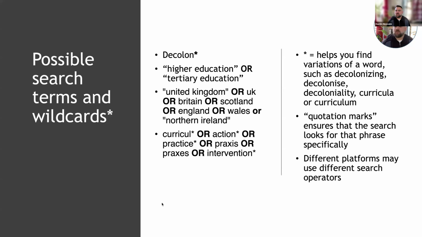Now, quotation marks allow you to search specific phrases such as "United Kingdom" or "Northern Ireland" or "higher education." Now, depending upon the platform you're using, they may use different search operators. So they may need single quotation marks instead of double quotation marks. What you need to do is look on the particular platform to see what it needs.